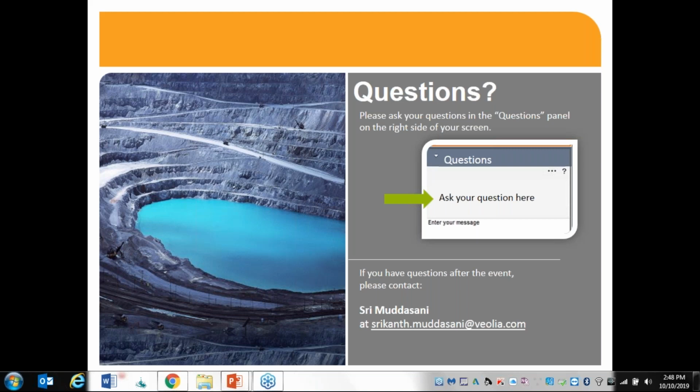Okay, great. Thank you, Shri. Another one is, has Veolia considered thermal technologies for mine water treatment? For thermal technologies, can you be more specific? What kind of thermal technologies?